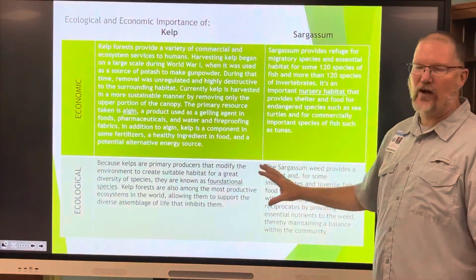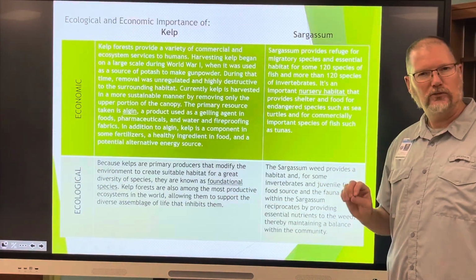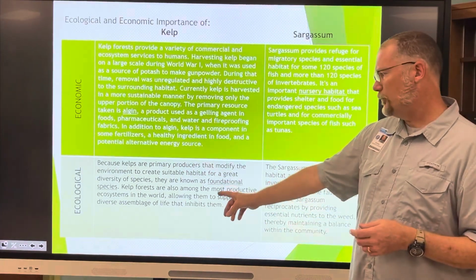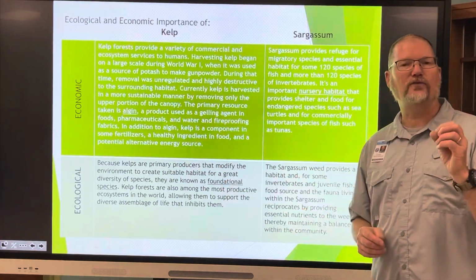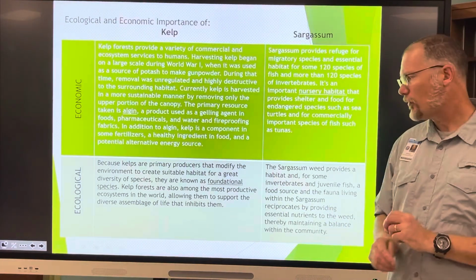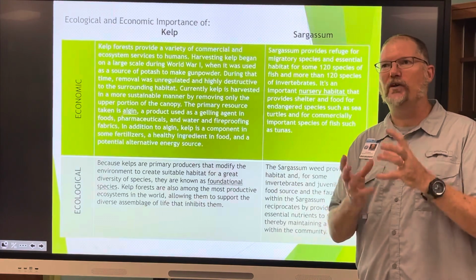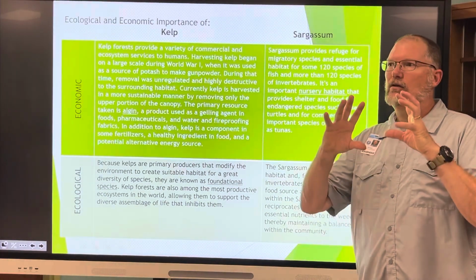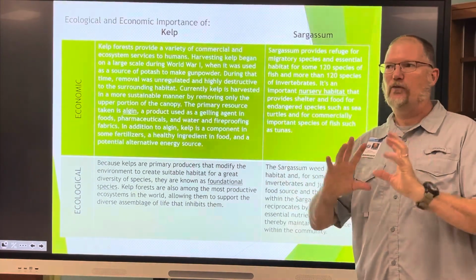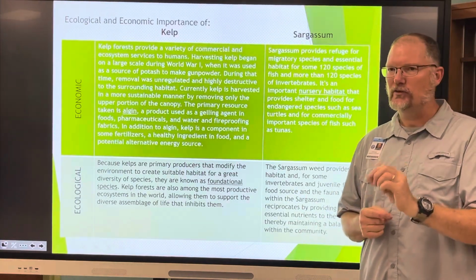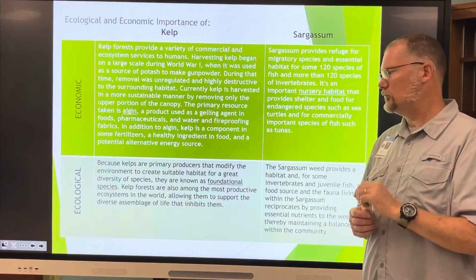both of them have very similar ecological importances, but for the kelp, the kelp are known as what's called a foundational species. Because of them, they create the environment for all the other species to live in. It's a little bit different than a keystone species, but it's similar, okay?